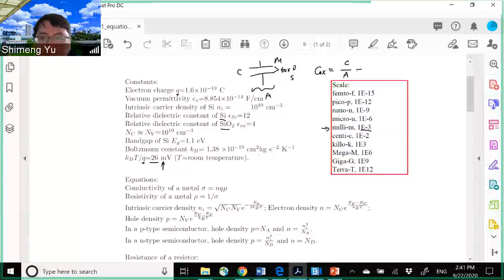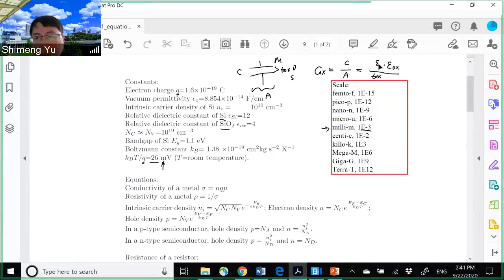COX is epsilon divided by the thickness of the oxide. And this epsilon is epsilon 0 multiplied by the relative dielectric constant for the oxide.